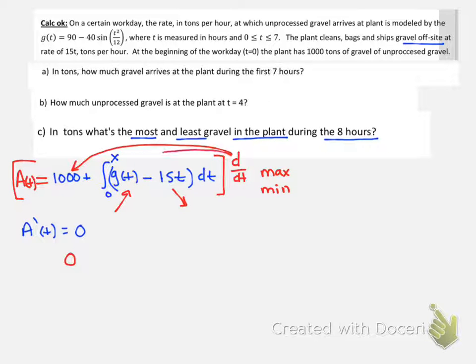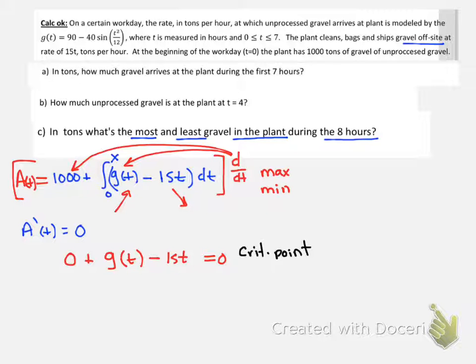When I take the derivative of this integral, the derivative and the integral cancel out, and I really just have g of t minus 15t equaling 0. So whenever these two rates combined equal 0, will be our critical points.